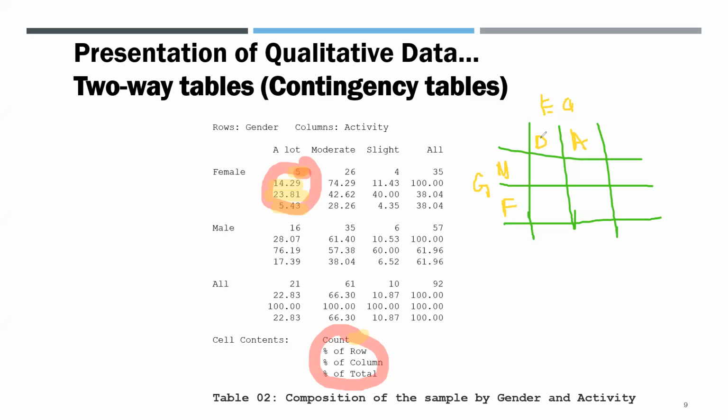Here you can see, in this cell you can input the number of males whose educational qualification is O level. So this cell represents the males whose educational qualification is O level. You can count that number.